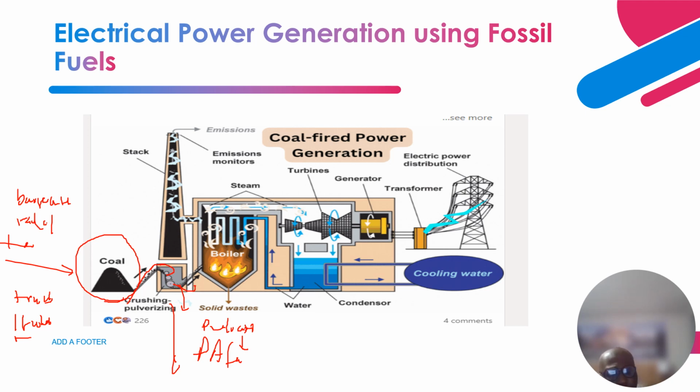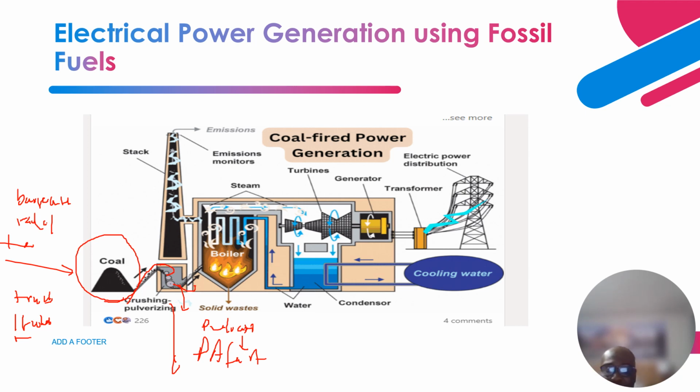To get the fine powder into the boiler, you need a fan. That is what they call a PA fan, meaning primary air fan.